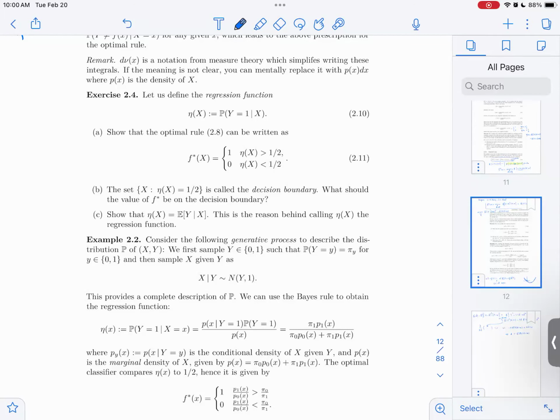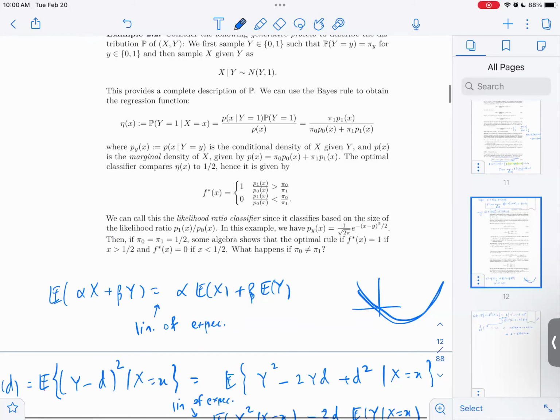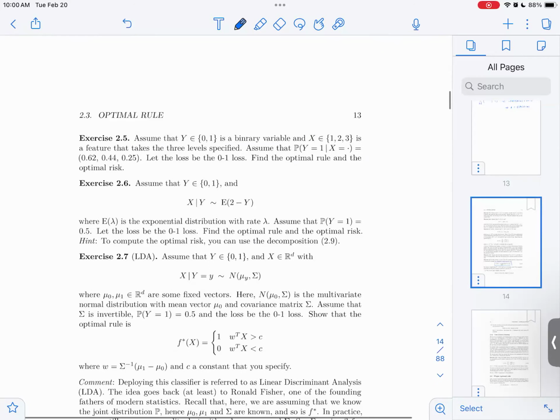You have to compute this regression function, which you can do by Bayes' rule, and things come out.